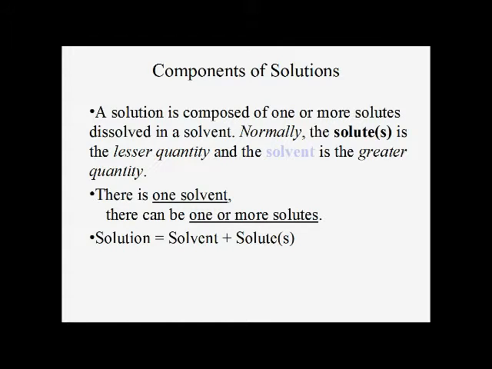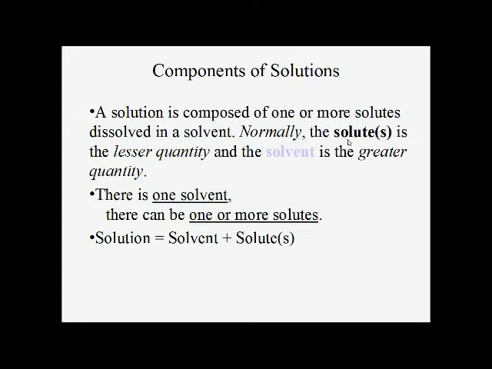In a solution, we identify two types of components. The greatest component generally is going to be called the solvent. Solvent is the greatest component of the solution. We have one solvent in a solution, but we're going to have one or many solutes.